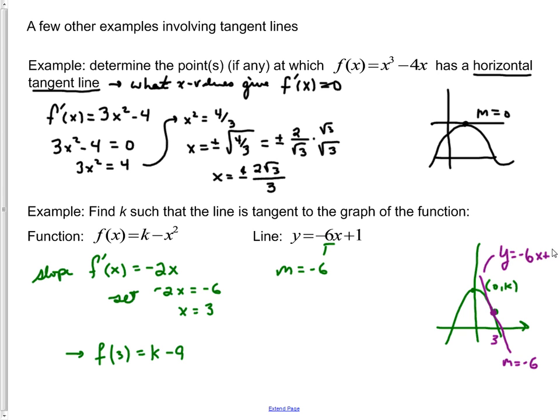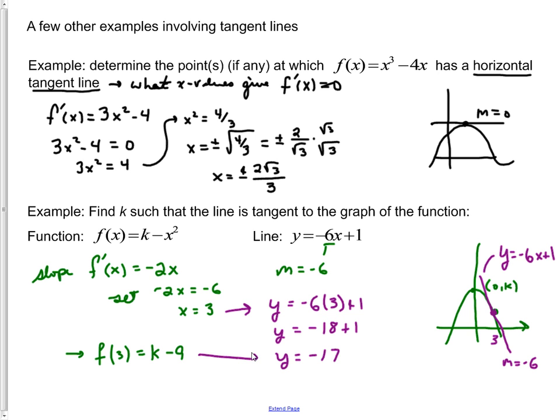So what we should really do then is find what the value of y is right here along this line at x equals 3. So what is y at x equals 3? Well, y will equal negative 6 times 3 plus 1. That is, y will equal negative 18 plus 1. And we know that number to be negative 17.